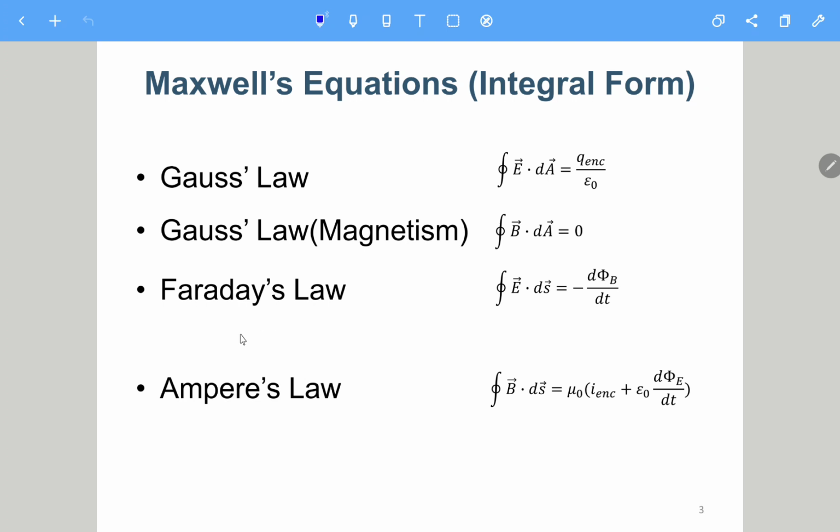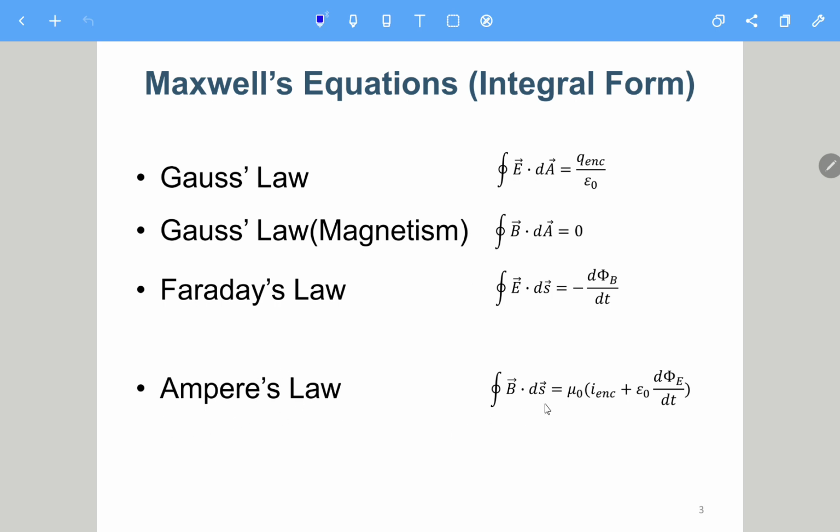Okay, and also we have Faraday's law. You learned it in chapter 30. It means that if we have a changing magnetic field, then we will have an induced electromotive force, the induced EMF.